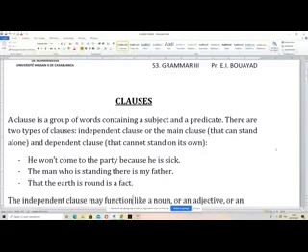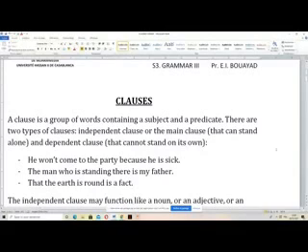Why? Because it refers back to the man. And who in here has a role. It plays the role of a pronoun, and it plays another role, that of relating the man to the rest of the sentence. So then who is a relative pronoun. Okay, it's a relative pronoun.